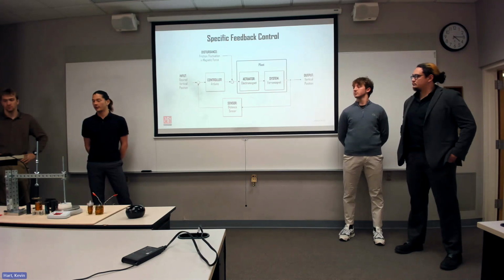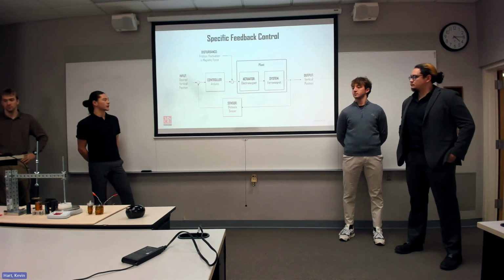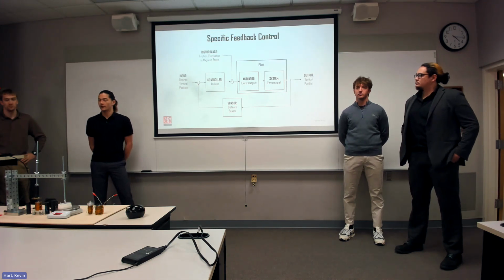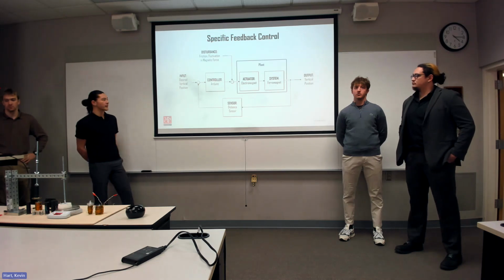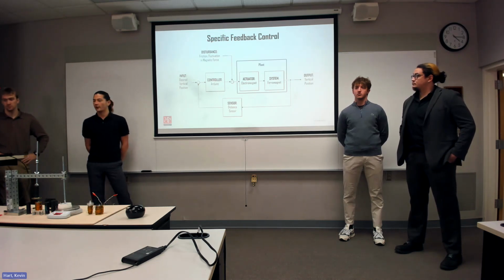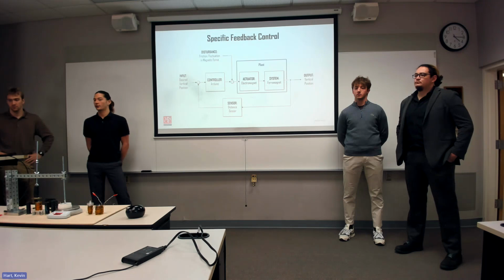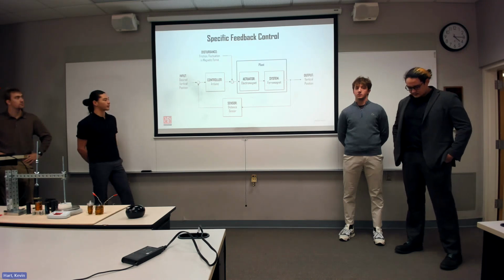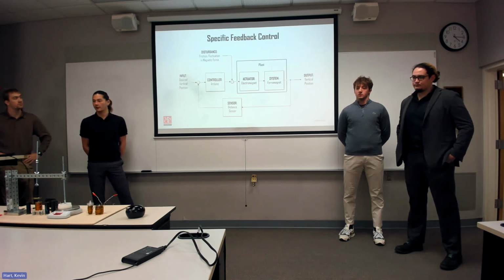In our case, we're planning on using an Arduino, and the controller outputs a control effort based on that difference. And then, obviously with disturbances such as friction and fluctuation in the magnetic force, that all goes to our actuator, which is our electromagnet, controlling the actual position, or the output of our system, which is our ferromagnet.